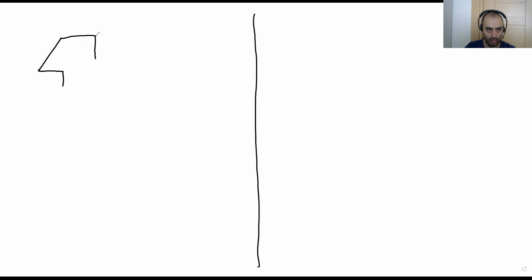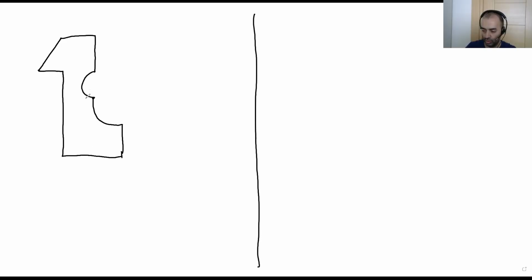And here. Okay, this is our shape. Let me draw the dimensions here.